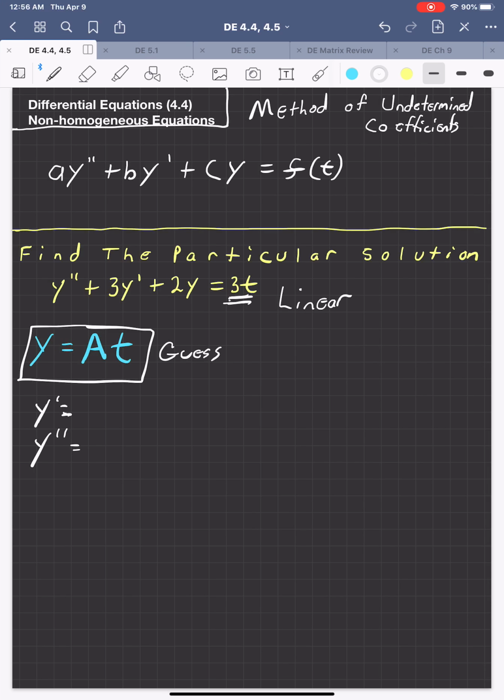So y prime: it's a linear function, so the derivative of y with respect to t would just be a. And of course, the derivative of a constant would be 0. Now let's imagine for a second that we plug a in for y prime, and we plug 0 in for y double prime. Let's see what that would look like.